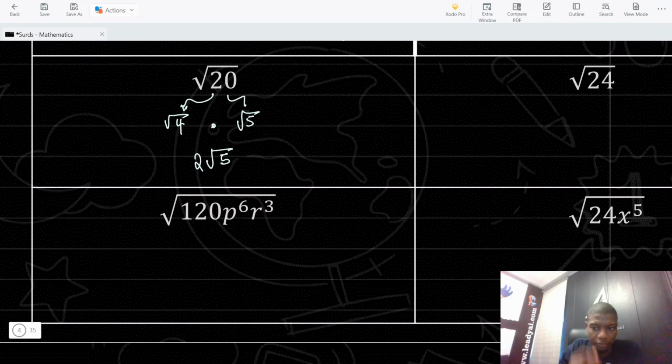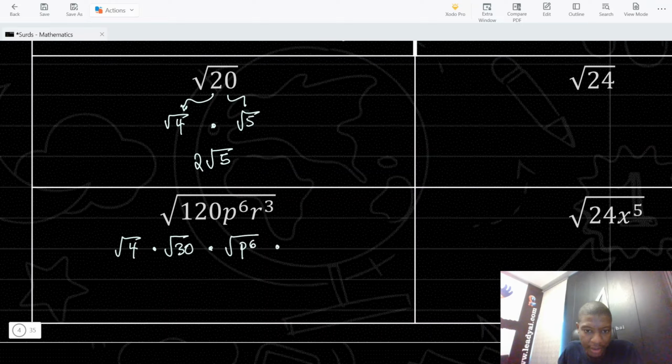All right. For this one, we'll break down 120. Well, I can get 4 out of 120, and I think that's the greatest I can get out of 120. 120 divided by 4 gives you 30. So I'll do the square root of 4 times the square root of 30 times the square root of p raised to the power of 6.